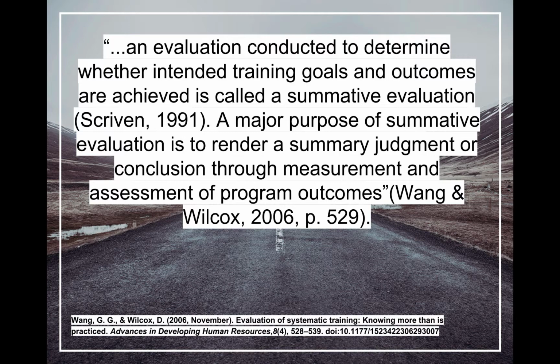A summative evaluation, as it says, is a judgment or conclusion through measurement and assessment of program outcomes. So this is where you're saying, we've collected our surveys, we've collected our test results. Did it work? So not necessarily, do we need to fix that typo or is this context wrong? But just, is this worth doing?